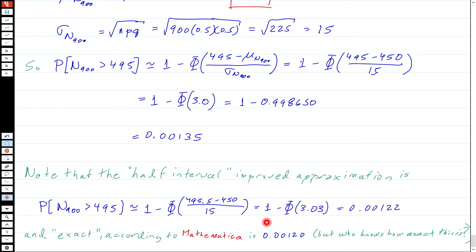And in fact, according to Mathematica, the exact, and I put exact in quotes here because I don't really know how exact it is, they've done some sort of calculation, and I don't know how accurate it is, but it came out to 0.00120. So it looks like this one is a little bit more accurate than the first, but they're all pretty close.